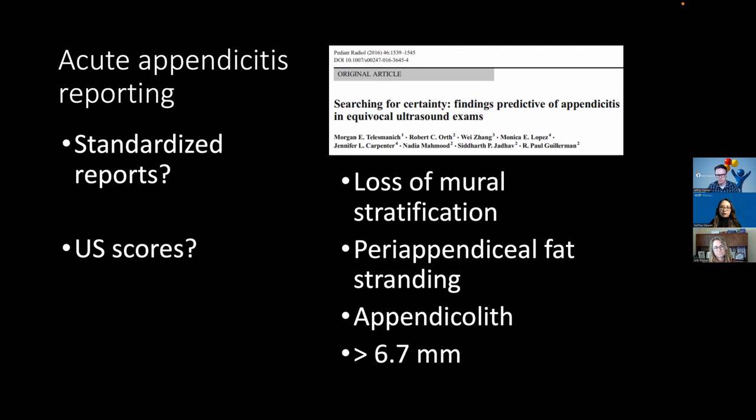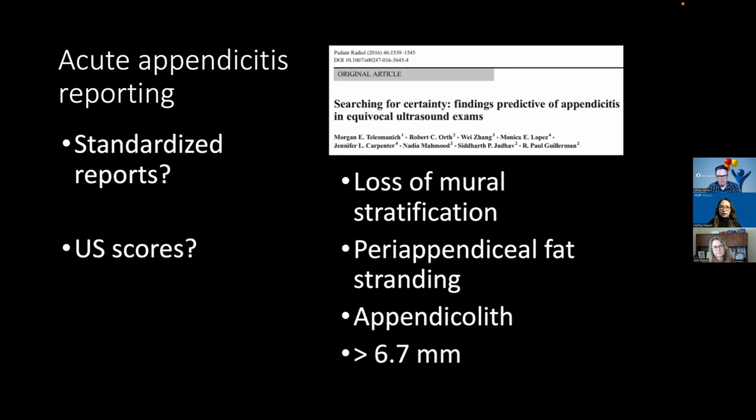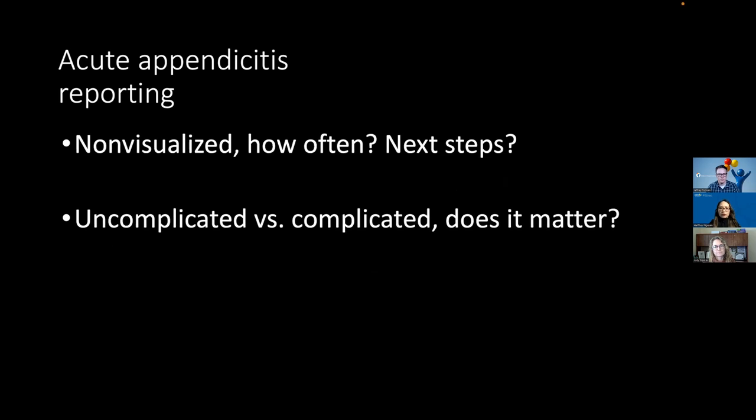From that paper of about 100 patients, they found that the cutoff of 6.7 millimeters was a little more specific for acute appendicitis. So perhaps previously 6 millimeters might be a little too sensitive, and we're incorporating a lot more negative appendicitis in there.